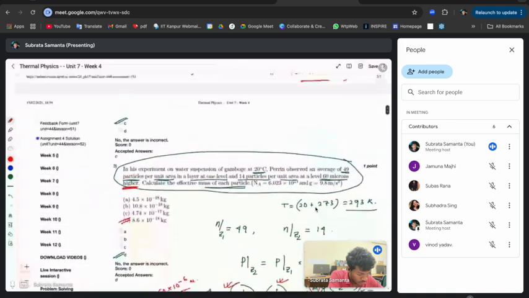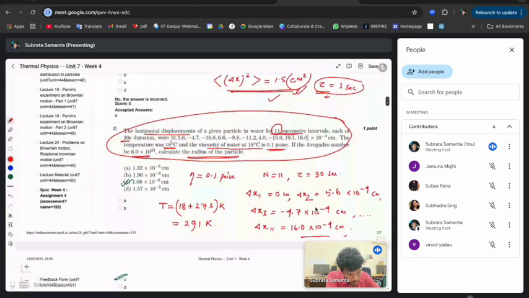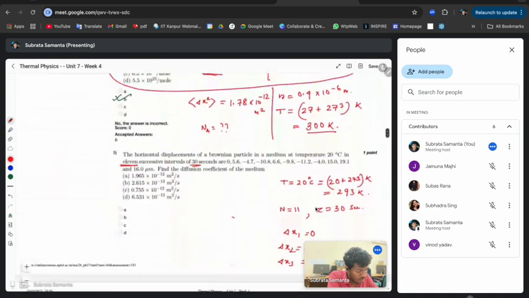If you look into problem number 2, you see the 30-second durations, 11 successive intervals, and the numbers are 0, 5.6, minus 4.7 into 10 to the power minus 4 centimeter, right? So delta x2 is 5.6 into 10 to the power minus 4, delta x3 is minus 4.7 into 10 to the power minus 4 centimeter. But here the numbers are the same.